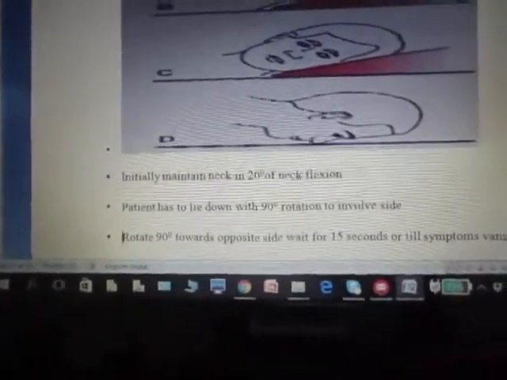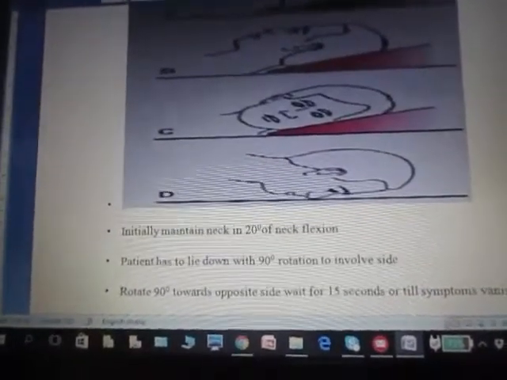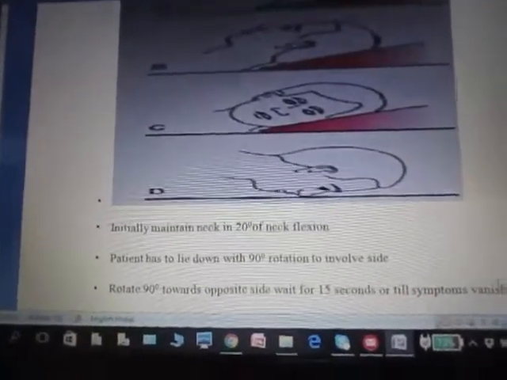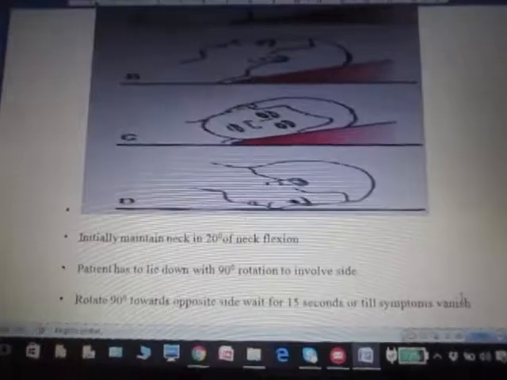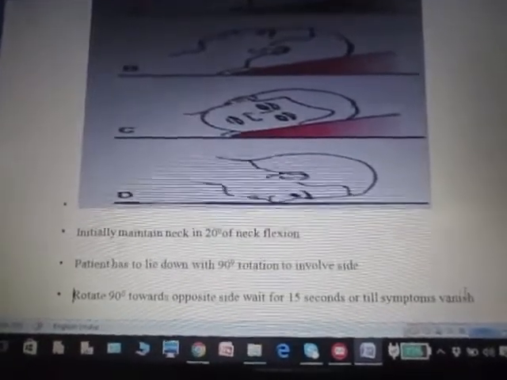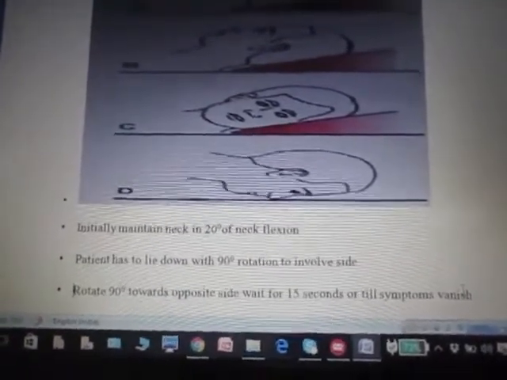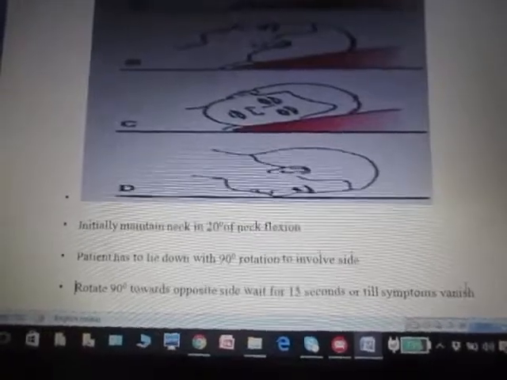Then the patient has to lie down with 90 degrees of rotation to the involved side. Means if it is the right side, you have to see that the patient has turned 90 degrees to the involved side. Then rotate 90 degrees towards the opposite side.